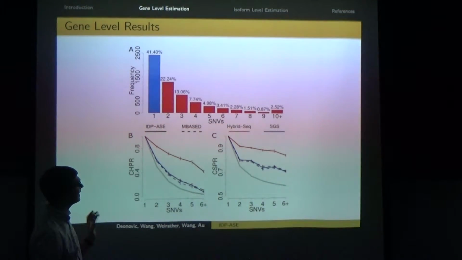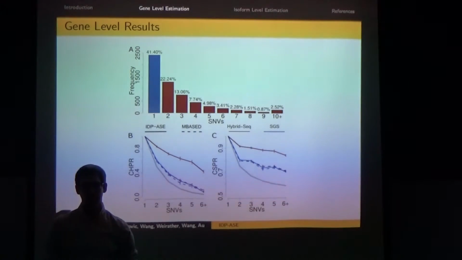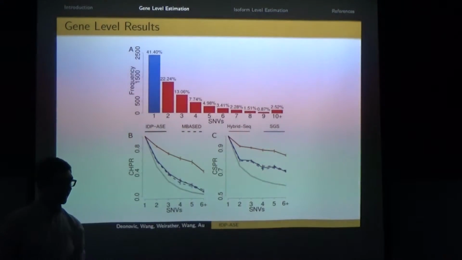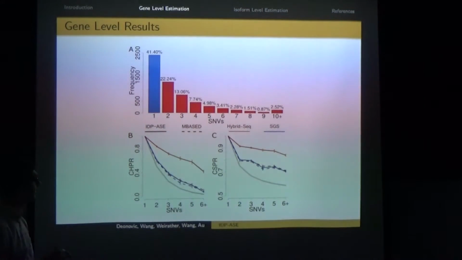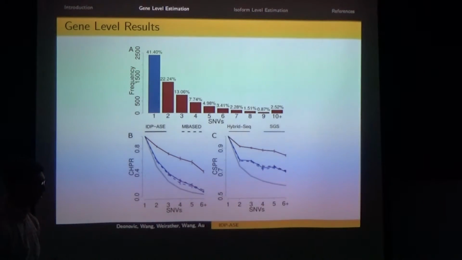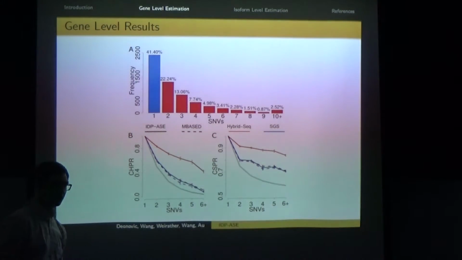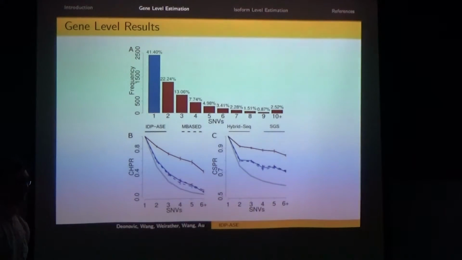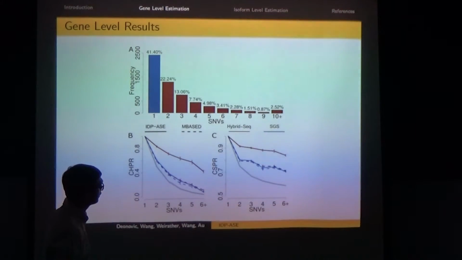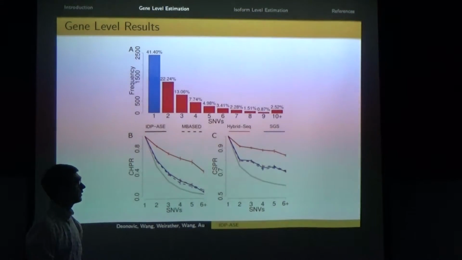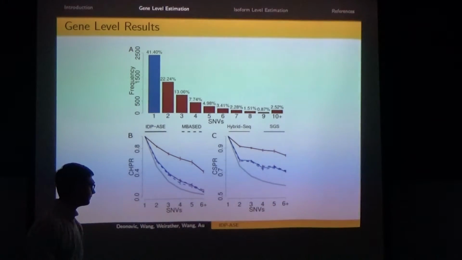However, that means 60% of genes have more than one variant. This indicates that if you use short read data only, it's very difficult to phase the haplotype correctly because those short reads are only able to cover one variant. And so this plot shows the importance of using either third-generation sequencing or hybrid sequencing.